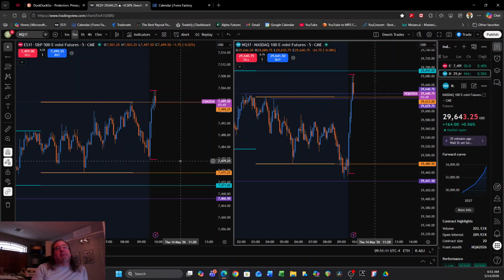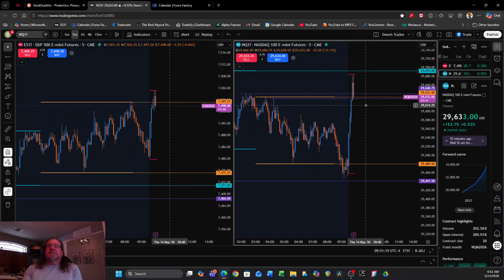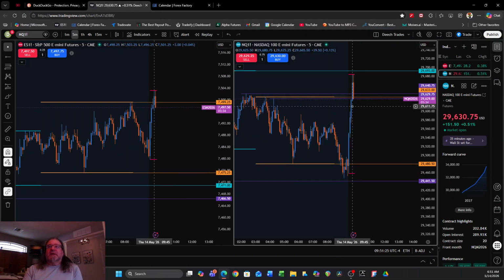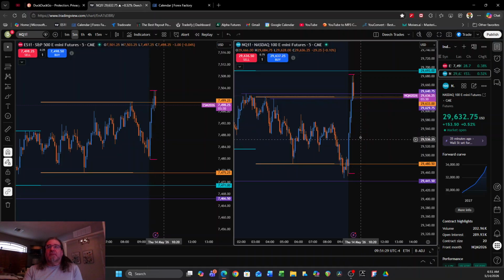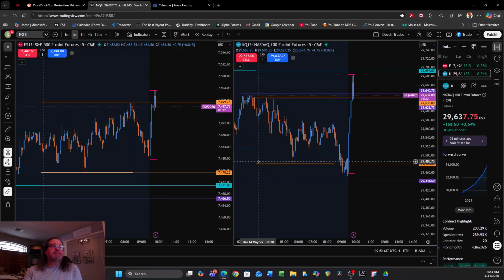Could be seeing a pullback if we see this come down into some of these gaps. So what we're going to start looking for now is if this closes as a down candle, we'll start looking at equilibrium, and we'll start looking at if this fair value gap and this fair value gap get respected. We could end up disrespecting this one, but respecting this one because of where equilibrium lies.